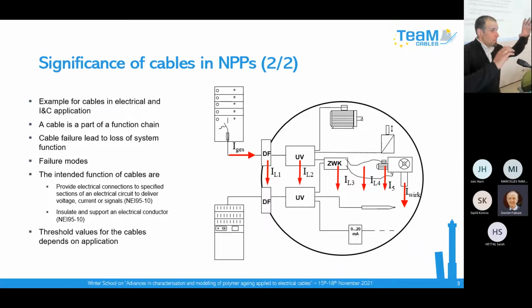That means the more the insulation resistance comes down to the input resistance of your electronics, the higher the relative error of the measurement, and you have requirements, for example, 5%, no more. And this is a task of the operator to assure that the failure in the case of a loss of coolant accident will be kept in the range which is acceptable.